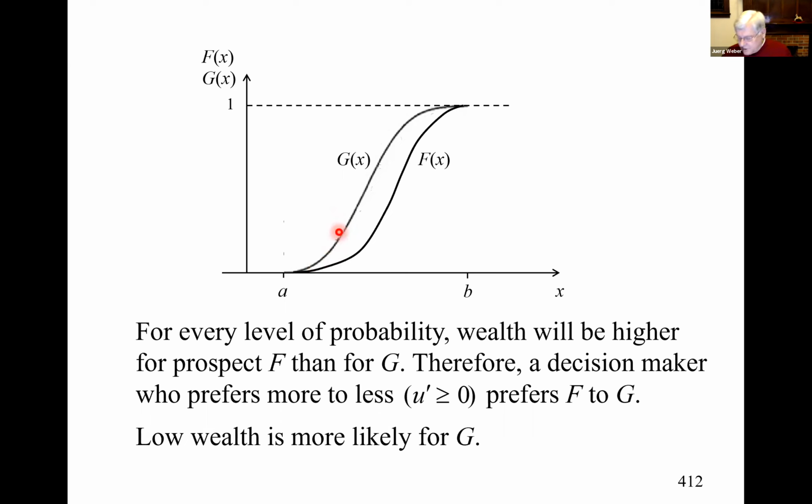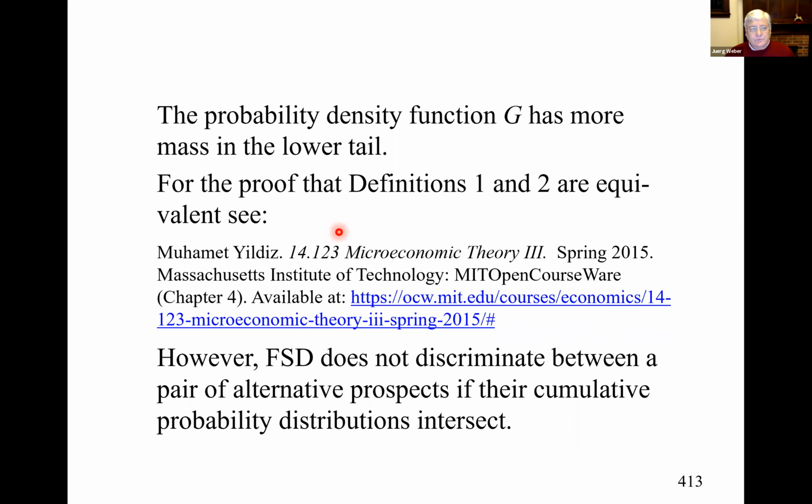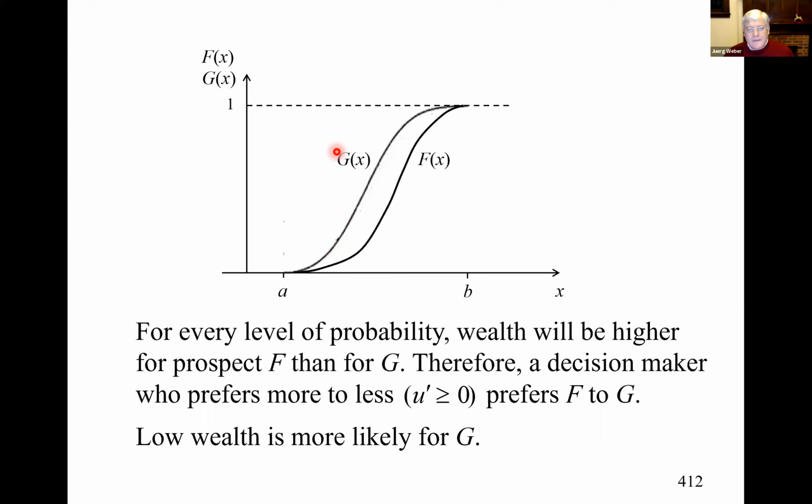That's first order stochastic dominance. G has more mass in the lower tail. G is not so good. It's likely that you are here, where wealth is low.